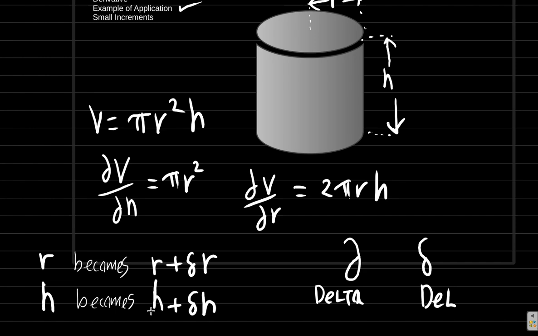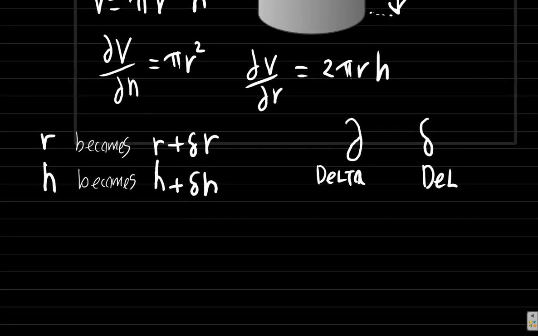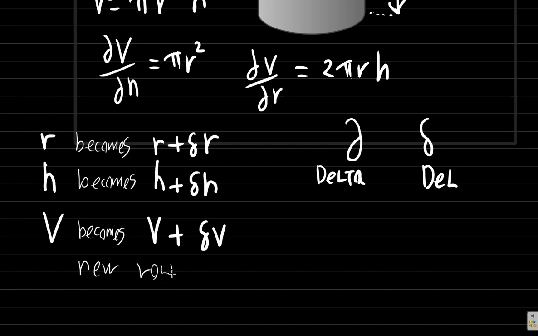Now, here, what would happen to the volume? Well, V becomes V plus a small change in V, del V. Alright? Now, what is that new volume if you consider calculating it?